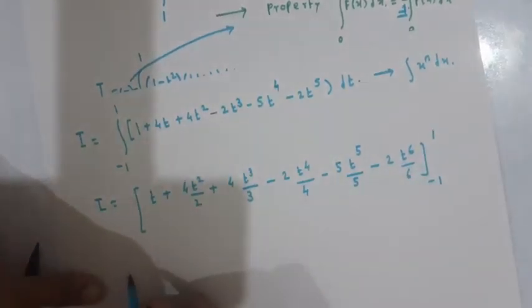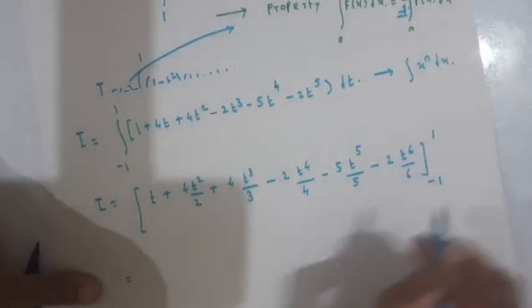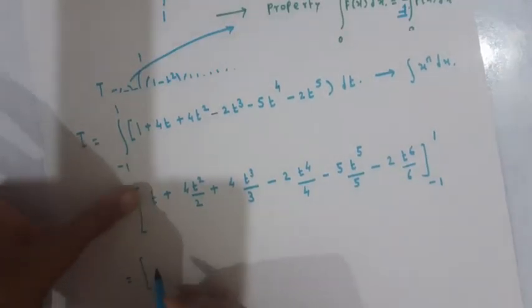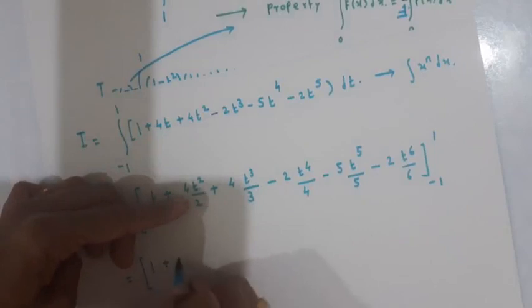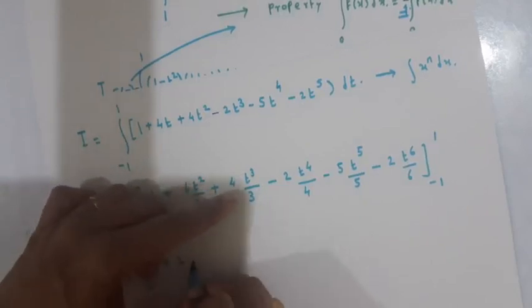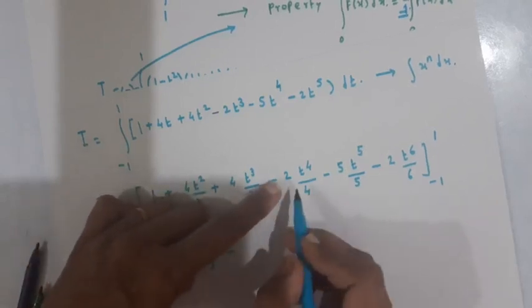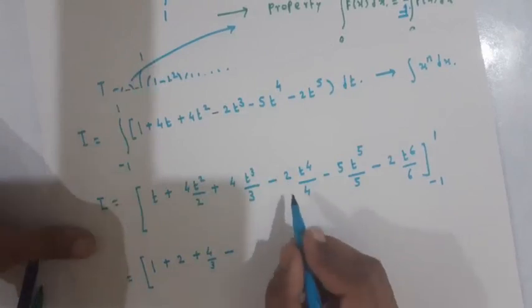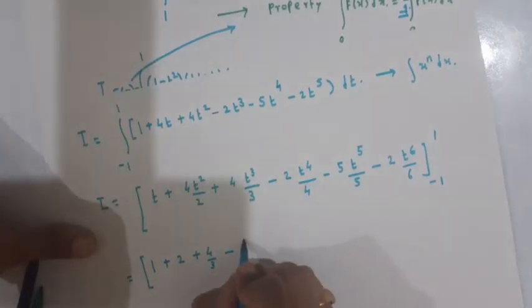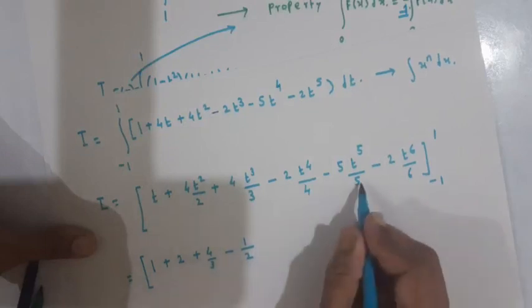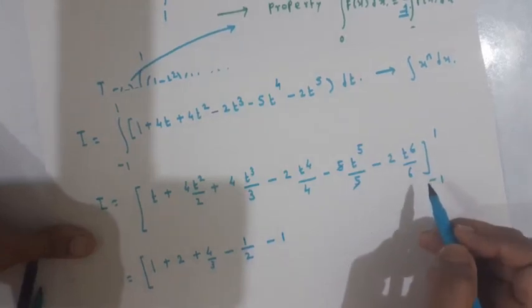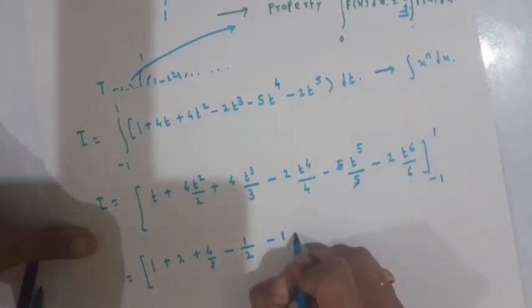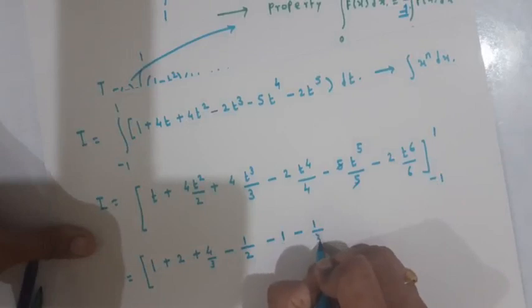Okay, and now this is equal to, the upper limit is 1, so put the upper limit, that is 1. 4 by 2 is 2, upper limit is 1, that is 2. Then this is 4 by 3, okay, minus this is 2 by 4 means 1 by 2, minus 1 by 2. 5 get cancelled, this is minus 1, and this minus 1 by 3.